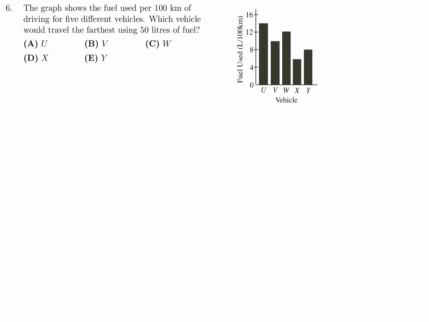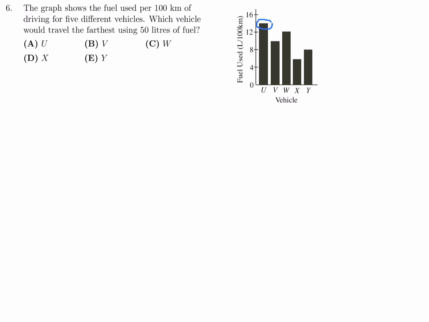The graph shows the fuel used per 100 kilometers of driving for 5 different vehicles. Which vehicle would travel the farthest using 50 liters of fuel? All right, so we have to analyze this and see which direction we are going in.